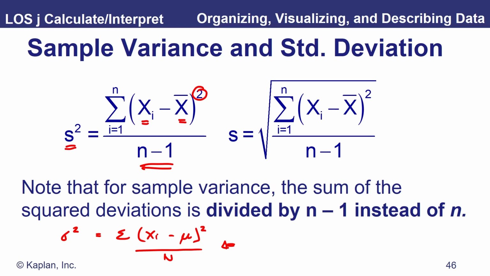Why is that? Well, your sample is less likely to contain extreme outliers than the population. So what the n-1 is doing is pushing the sample variance up. It's increasing the sample variance because the sample of data is unlikely to contain the outliers. So the idea is sample variance is a better estimate of the true population variance than simply taking the variance of the sample data.